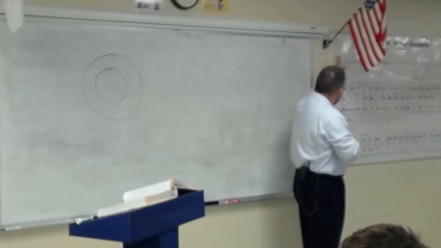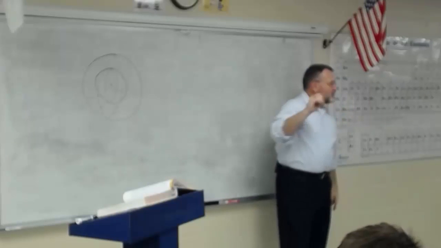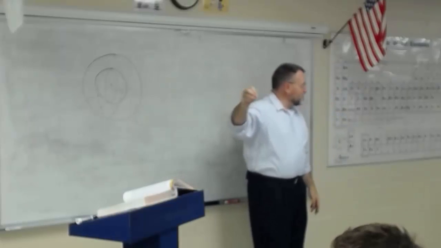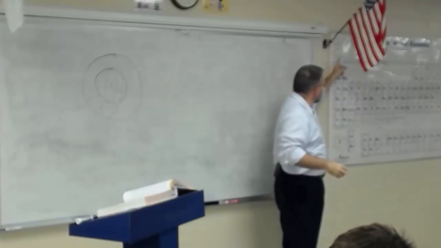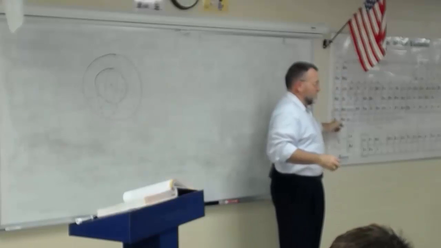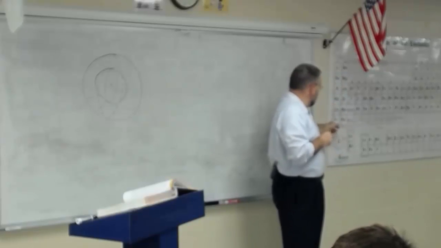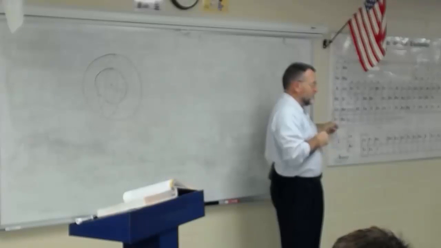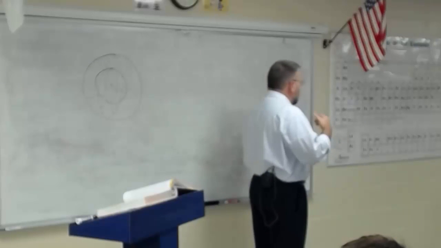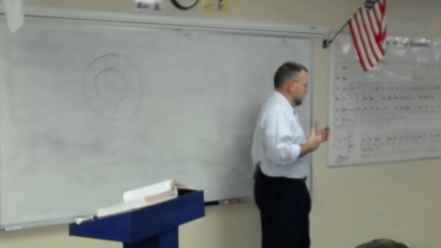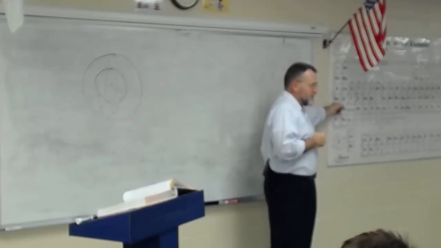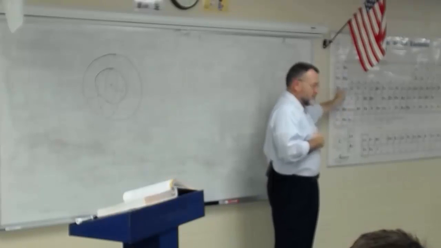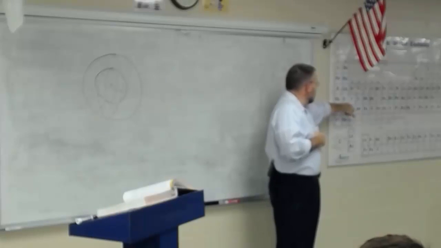That if it's in the first column, its outermost electron, its highest energy electron, is in the S1 position, and its energy level is the row that it's in. Okay? So if I were to say, what is the valence electron of rubidium? 5s1, right. Strontium, right next to it, is in the 5s2.